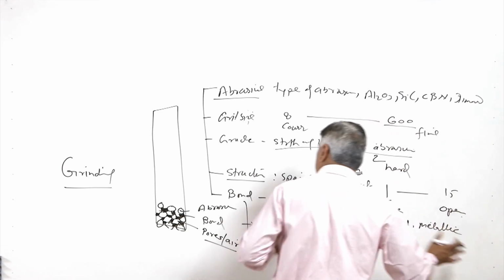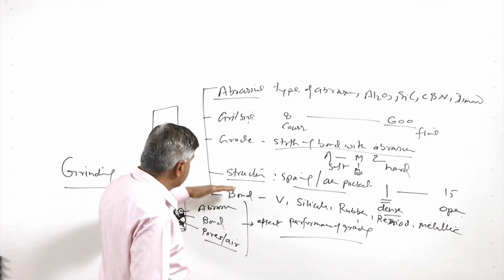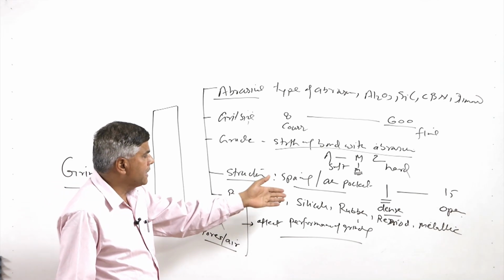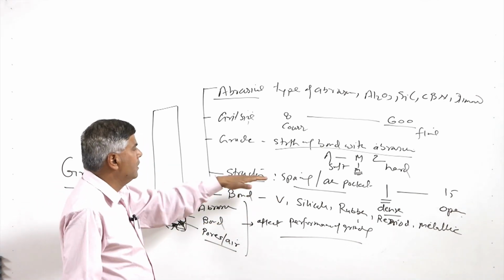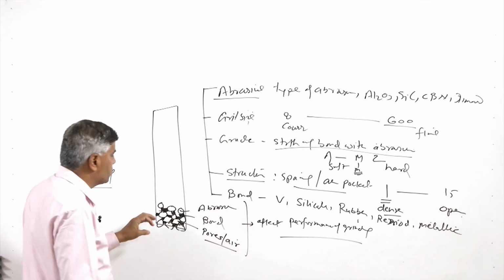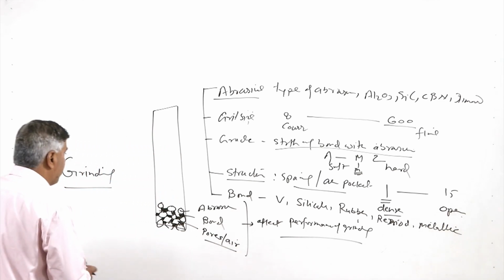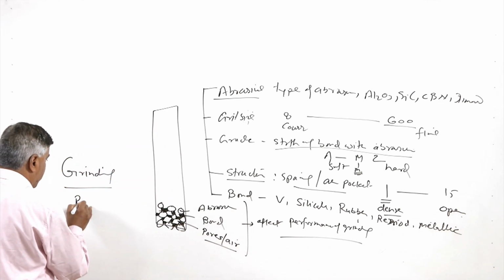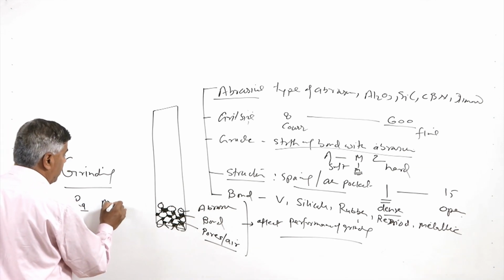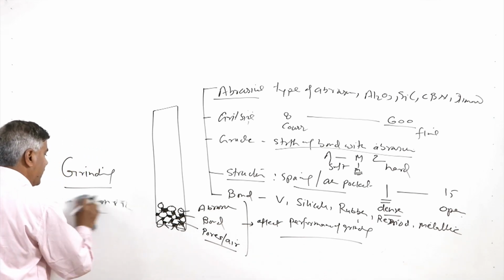Depending upon these characteristics of the wheel, whether the bond is made of metal, silicate or rubber, the structure open or close, the grade and the abrasives used, all these factors will affect the grinding performance in terms of the surface finish achieved and the metal removal rate realized.